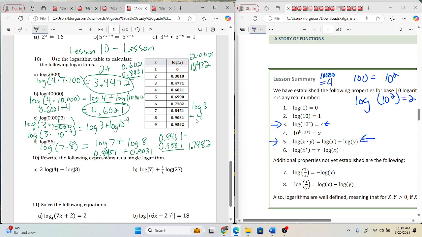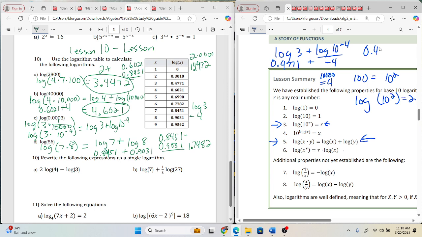I'm moving away because I ran out of space. So I'm going to have log of 3 plus log of 10 to the negative 4. This is going to just be negative 4. This is going to be 0.4771. So I got 0.4771 plus a negative 4.